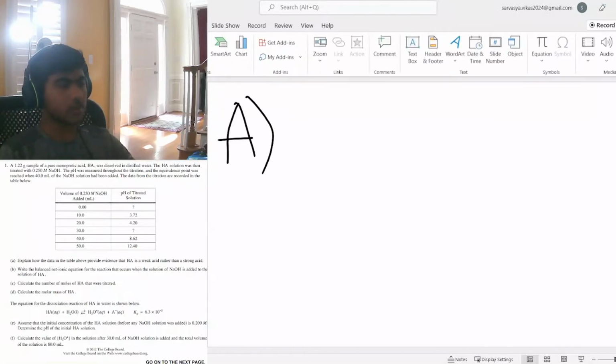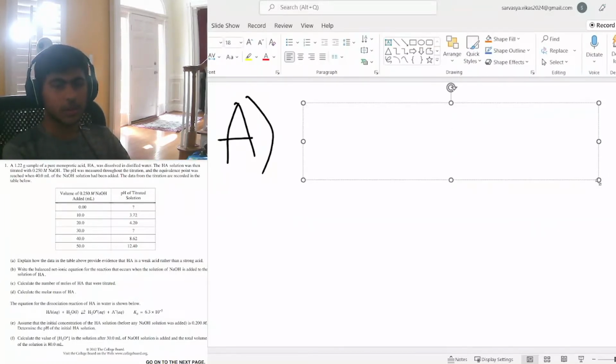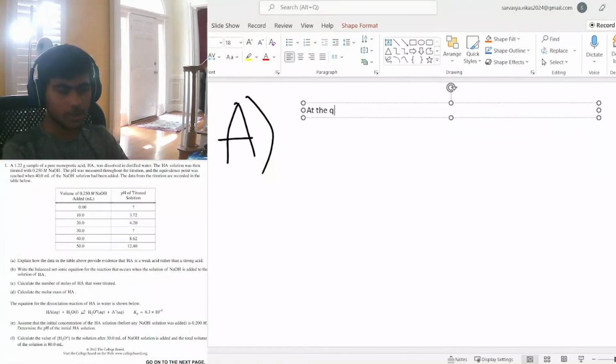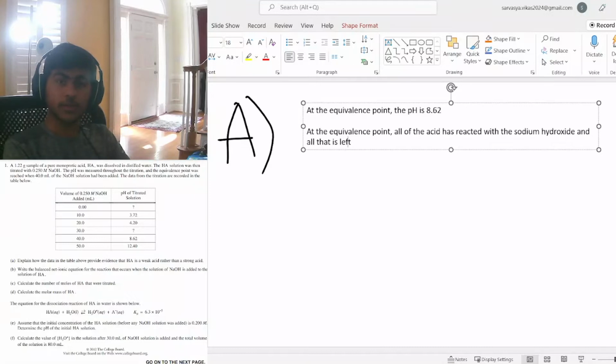Let's make a text box and start thinking out loud to see what we can hit with this. Well, at the equivalence point, which we're told is at 40 milliliters, the pH is 8.62, right? At the equivalence point, all of the acid has reacted with the sodium hydroxide, and all that is left is the conjugate base.